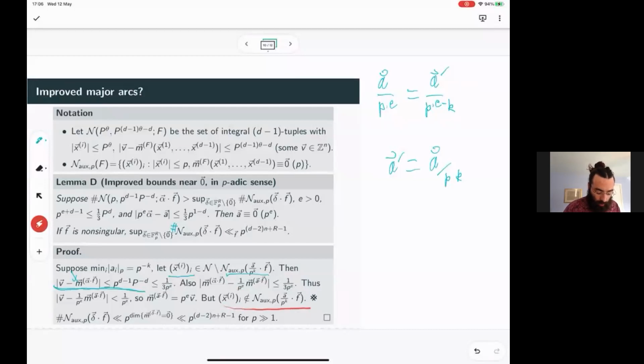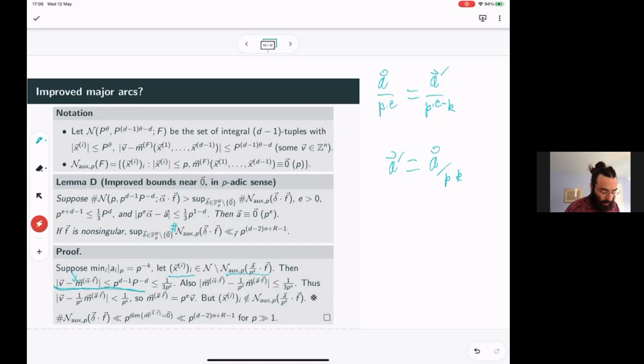That's impossible because we chose a solution which was good, in other words, which wasn't such that this vector m was congruent to naught mod p. And so what this tells us, tracking everything back, is that the vector a we started with had to be congruent to naught mod p to the e. So we actually had to have started with an alpha which was very close to the origin.